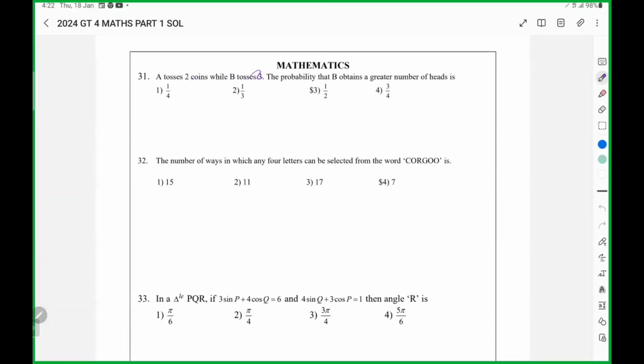Here, A tosses 2 coins, B tosses 3 coins. The only possibility here is either A will have more heads or B will have more heads, which is independent of the number of coins they tossed.